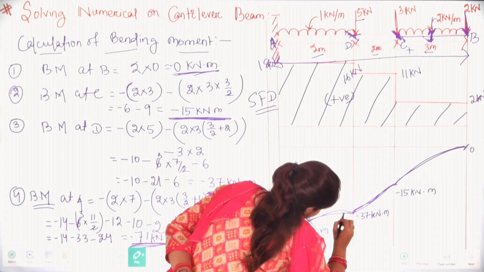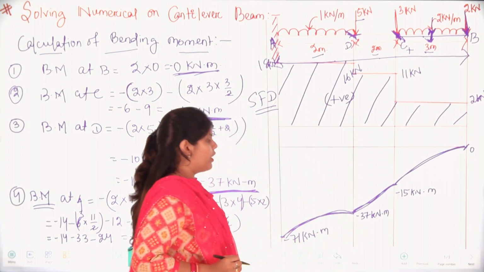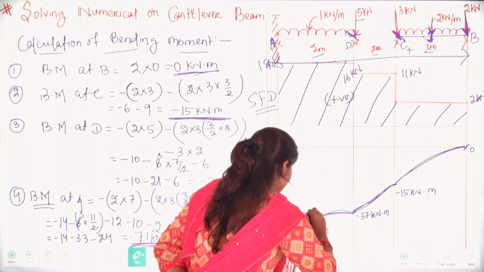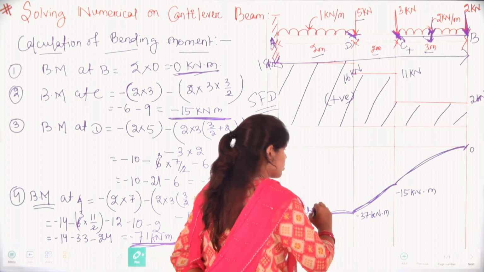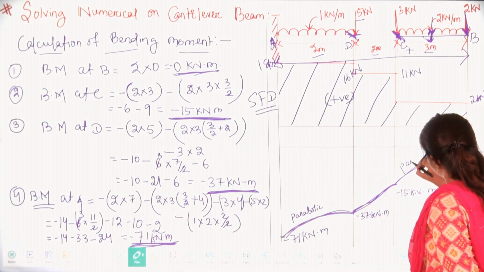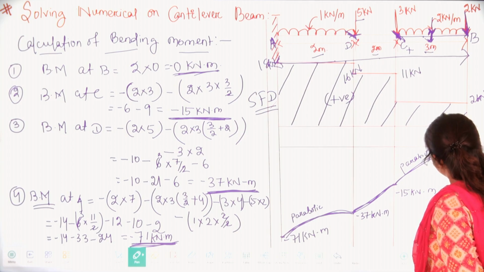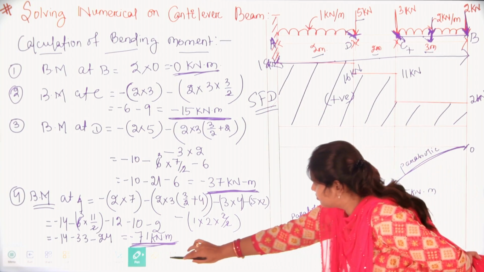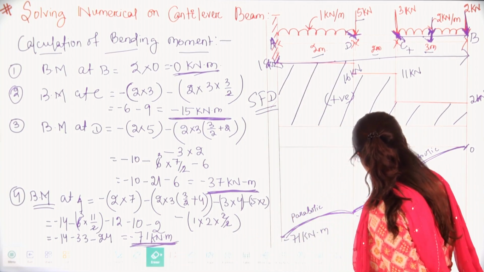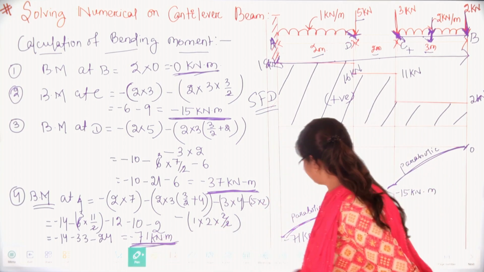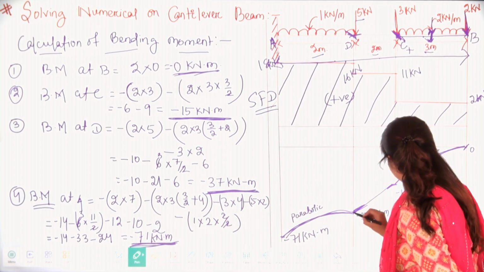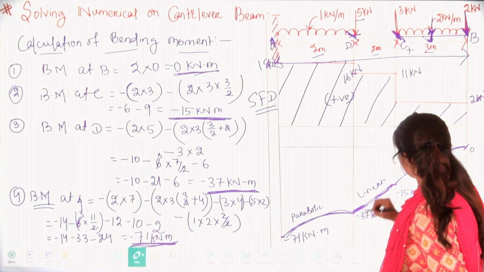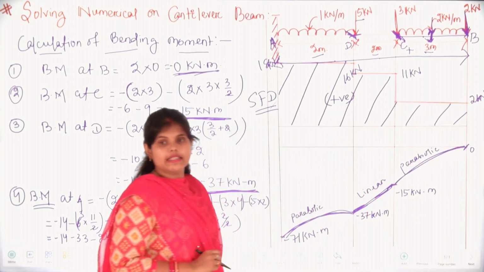You need to draw it properly, or you can mention that here you have a parabolic structure and here parabolic, but here you have the linear diagram, so that it will be clear easily.